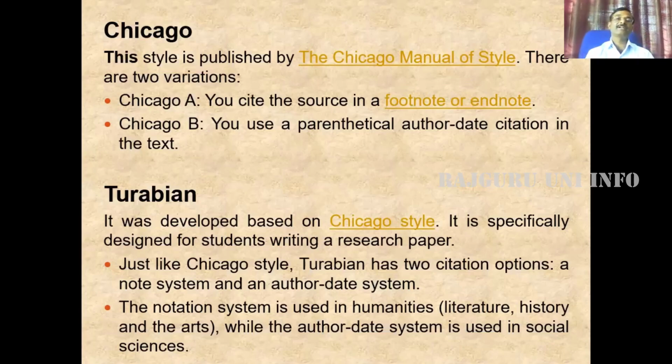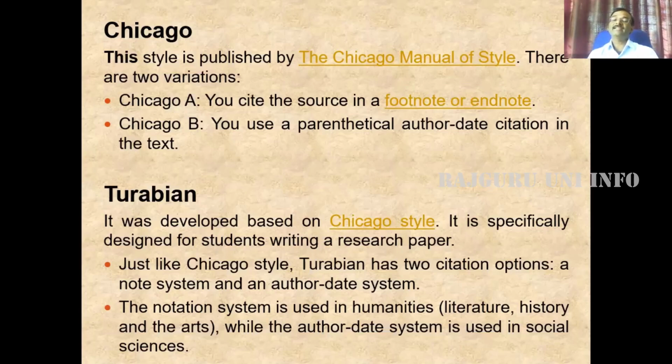The fourth important citation method is Turabian. It was developed based on the Chicago style only. It is specifically designed for students who are writing research papers, because at present students are engaged in the writing of research papers, and for their citations Turabian is a popular citation method because it is just like Chicago style.